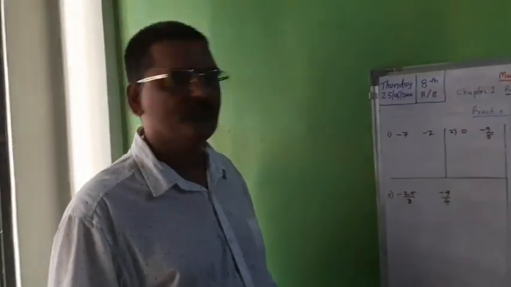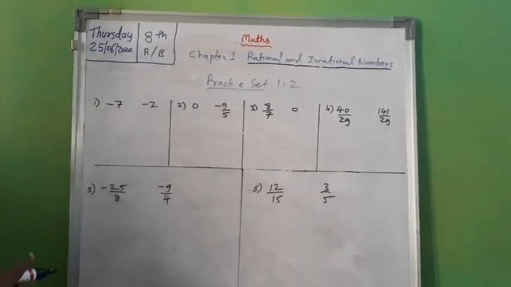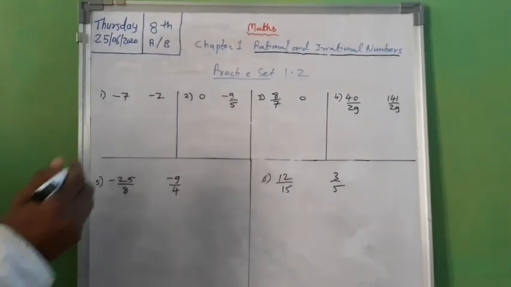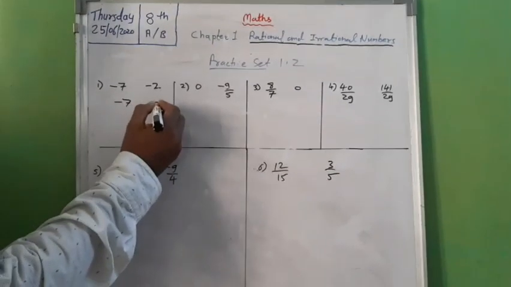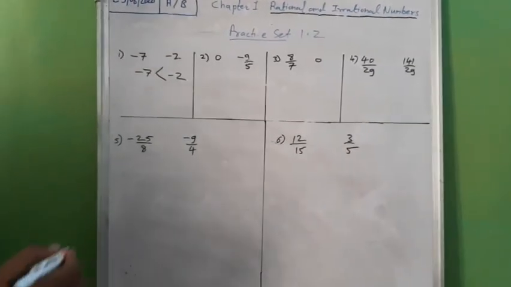Practice set 1.2. You are comparing the numbers minus 7 and minus 2. On the number line, when we go from left to right, the numbers go on increasing. Just see here, minus 7 and minus 2. Minus 7 is less than minus 2.